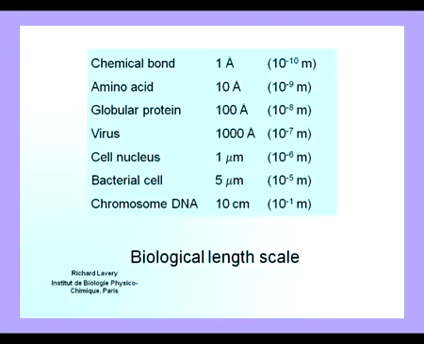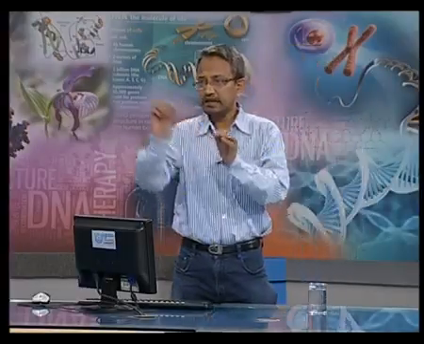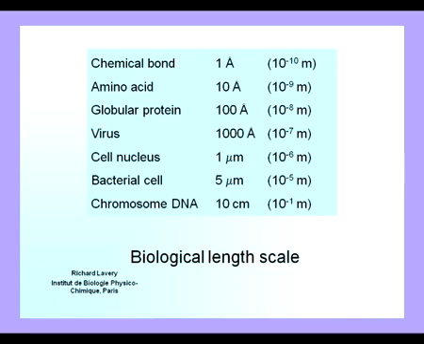So, what is the scale? If you think of any chemical bond like water, the structure is H2O. There is a chemical bond between hydrogen and oxygen. Typically, the length of a bond is 1 angstrom. Then come to the amino acid. What is an amino acid? An amino acid is nothing but the building block to constitute a protein, like a brick of a building.